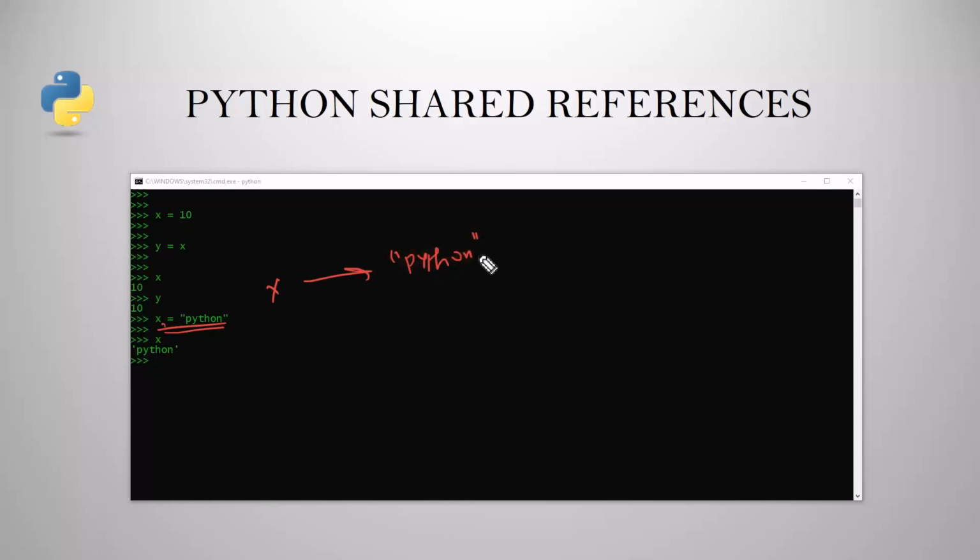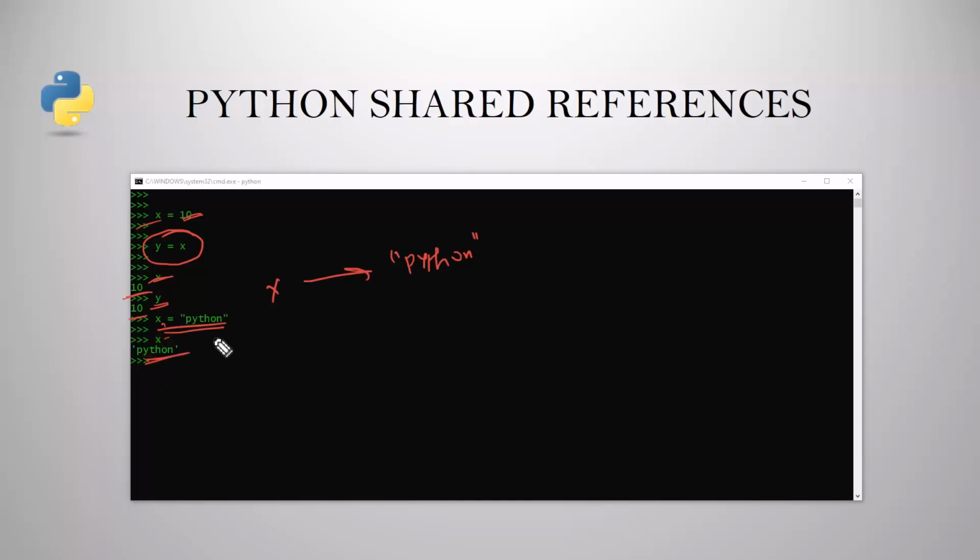So here one question arises. Earlier we assigned x is equal to 10, and when we print x it gives 10, when we print y it gives 10. Now we have changed x to Python, so when we print x, it prints Python.